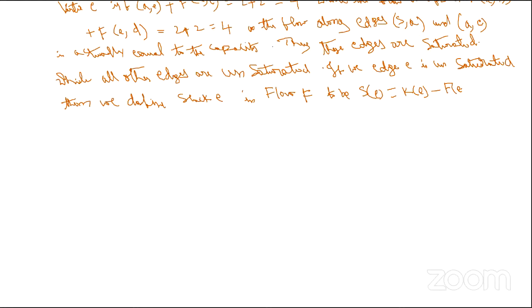For example, the slack of edge E, comma D, where D means sink, that is equal to 8.